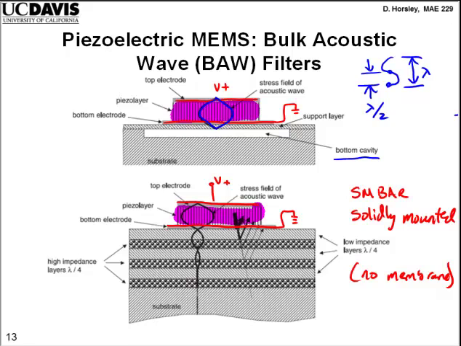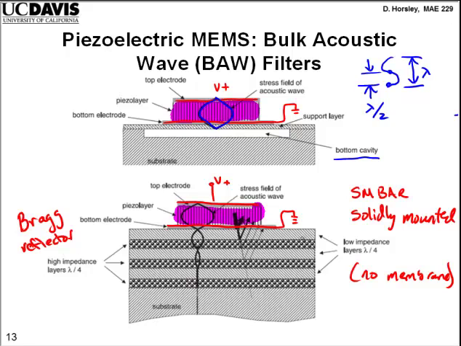The way this works is they make what's sort of an acoustic mirror structure, sometimes called a Bragg reflector. If you don't know what that is, you can look that up. Basically, we have materials with low acoustic impedance alternating with a material that has high acoustic impedance.